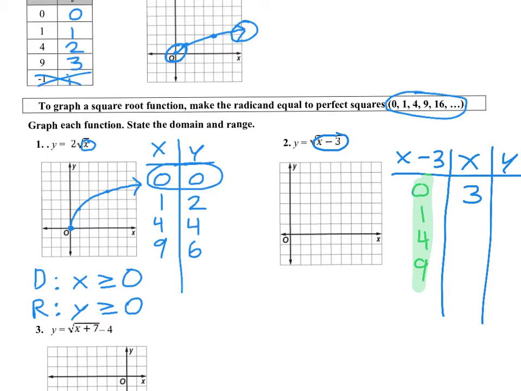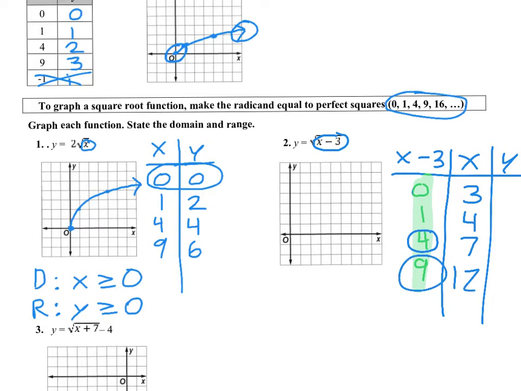So if x was 4, then x minus 3 would be 1. If x was 7, then we would get our 4 here. If x was 12, then we would get our 9 there.